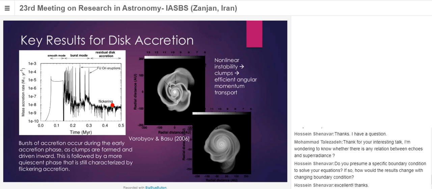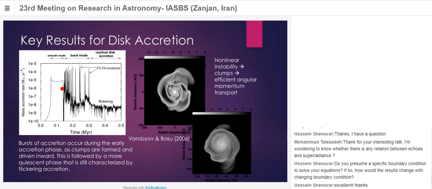We call that the early smooth phase, actually rather artificial because we have a finite sink cell of a few astronomical units in the model. In reality, the stellar surface is much, much smaller, and the disk would actually form at an earlier time if you were resolving the center. But I'll come back to the smooth mode a bit later.